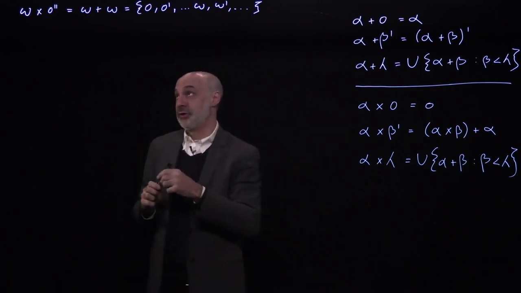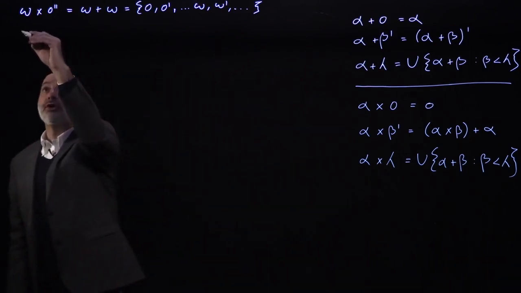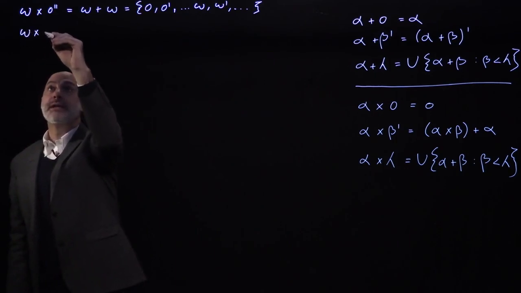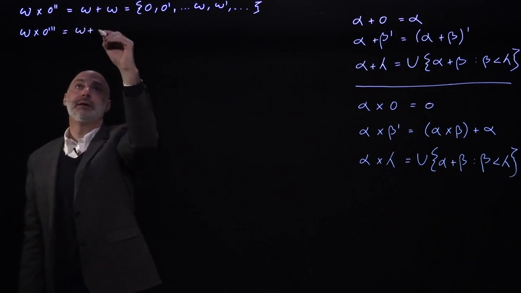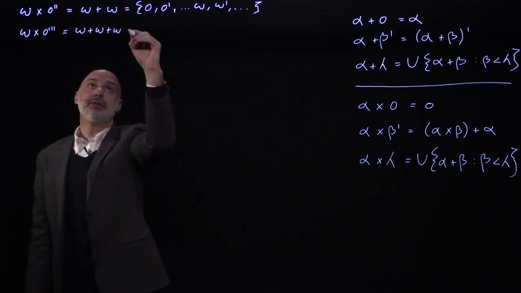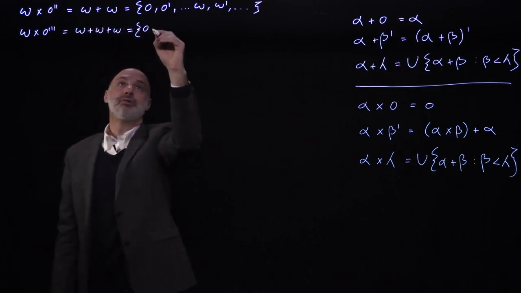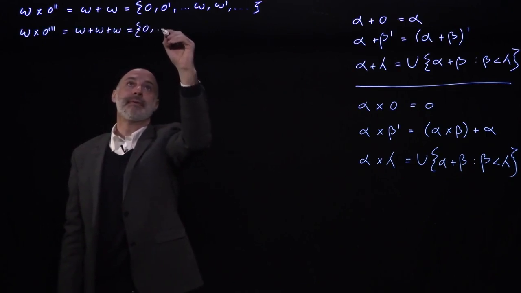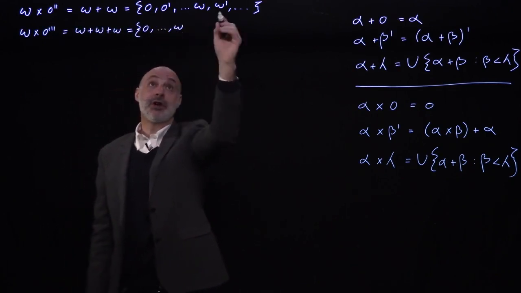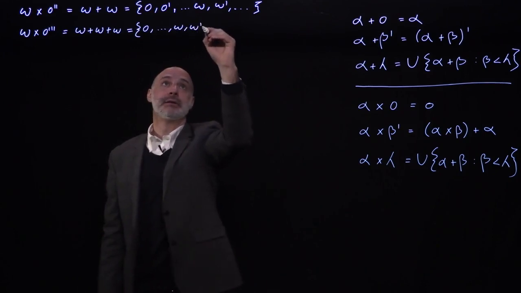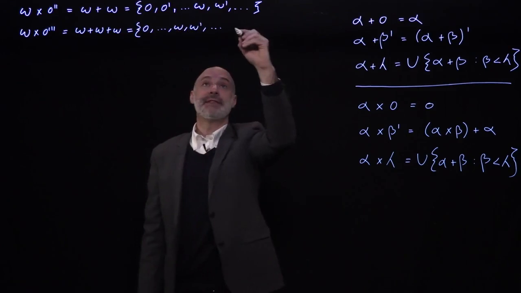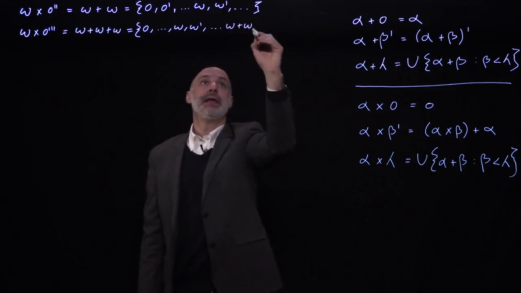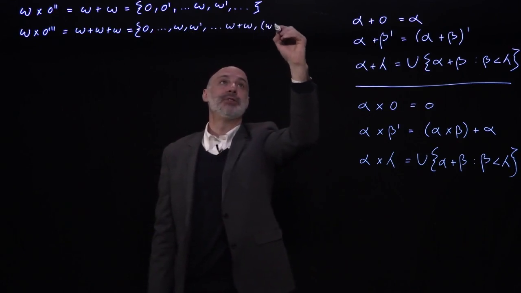Using a similar procedure, we could show that omega times 3 is omega plus omega plus omega, which is going to be the set that starts just like this one, but then after every element of this set includes omega plus omega, and then it keeps going.